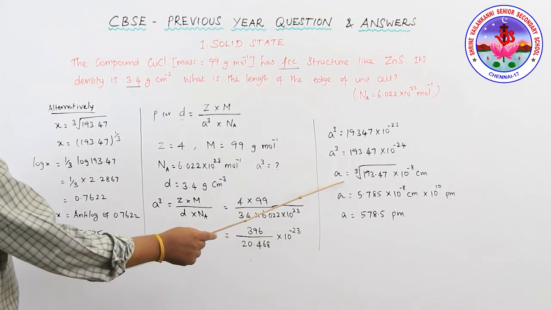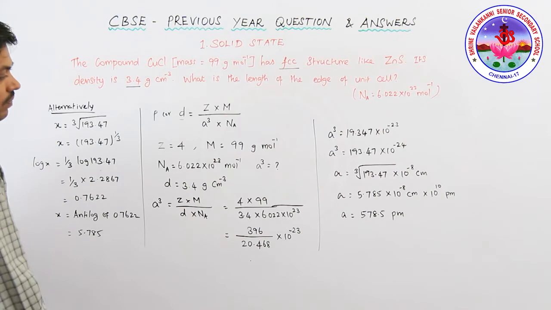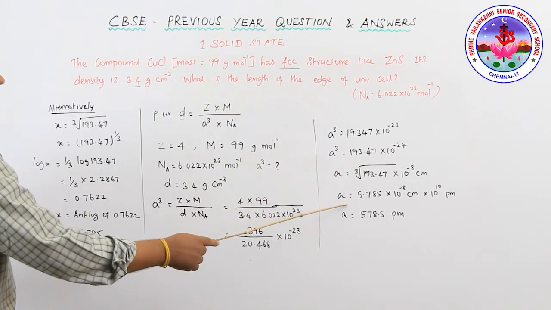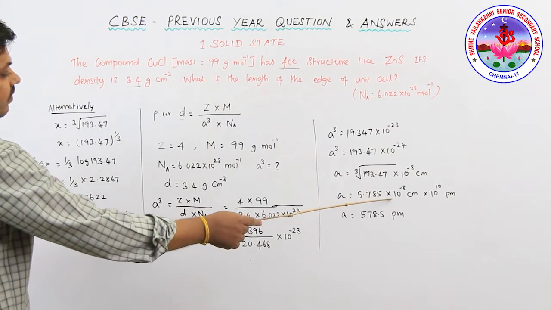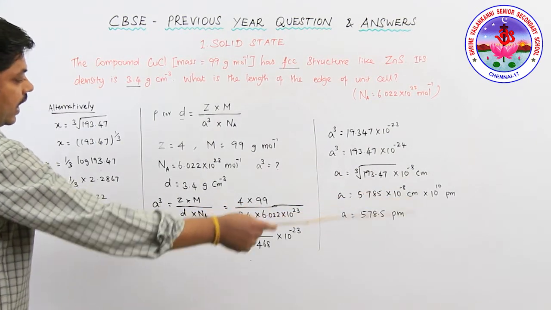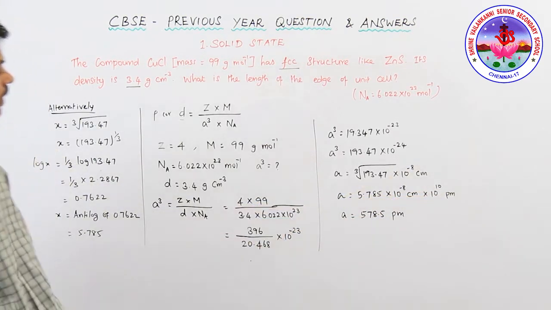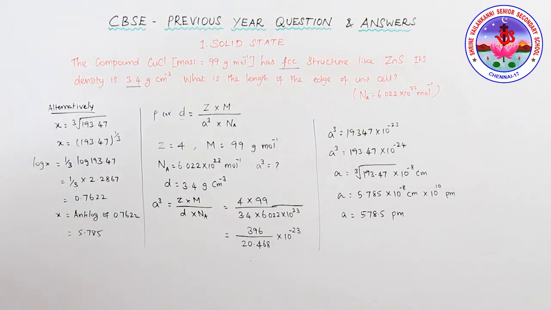So A is equal to the cube root of 193.47 into 10 power minus 8 centimeter. After simplification you will get 5.785 into 10 power minus 8 centimeter. Conversion of this unit into picometer, 10 power 10 picometer, so A is equal to 578.5 picometer.